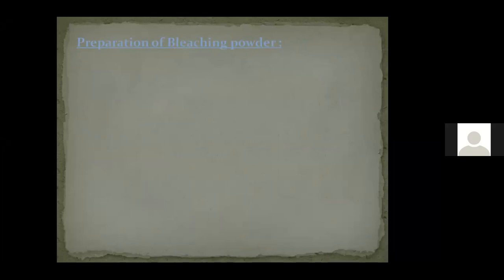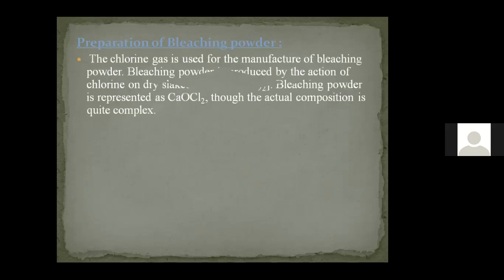The next chemical which we prepare, using sodium chloride as a raw material, is bleaching powder. How do we prepare bleaching powder? The main source for the preparation of bleaching powder is chlorine gas.